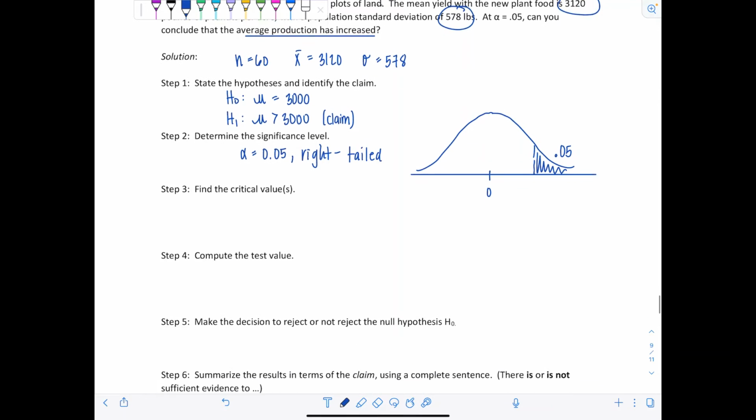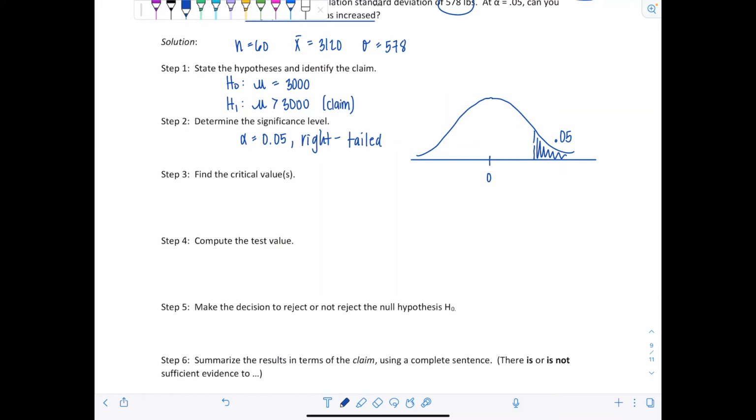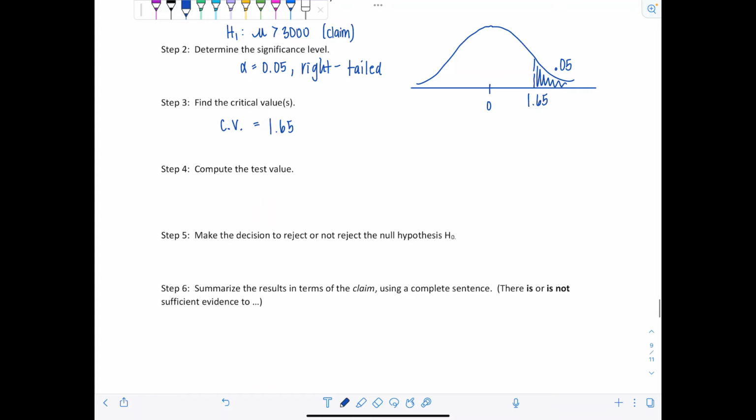Find the critical value or values. There's only one because it's right-tailed. If there's 0.05 in one tail and you want to think back to your z sub alpha over 2's, then it was 0.1 divided up between the two tails. So this is at 1.65. So critical value is 1.65. And then now let's compute our test value. So z equals x bar minus mu over sigma over rad n.